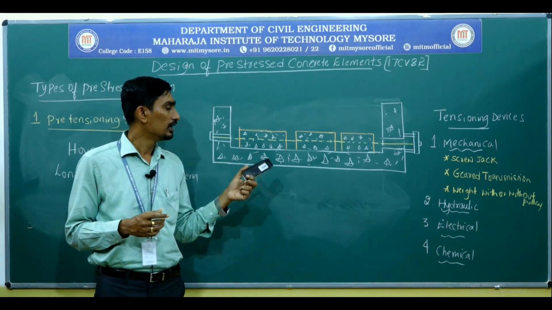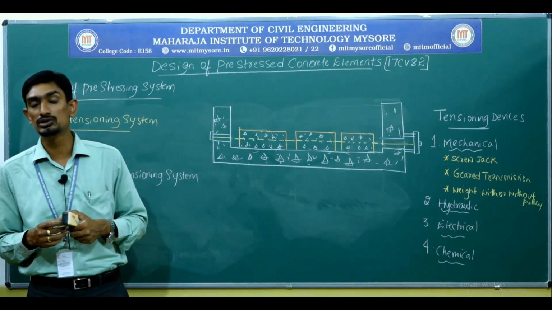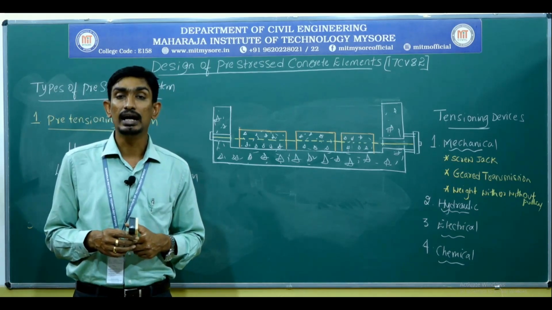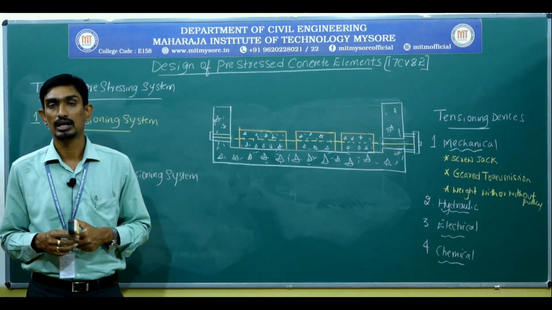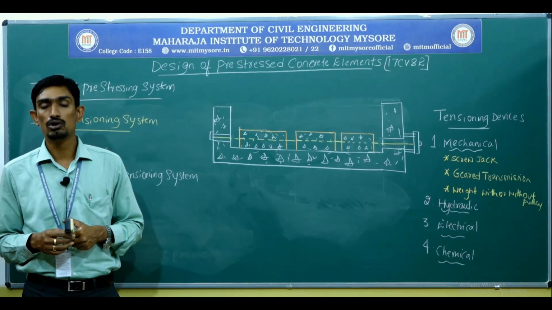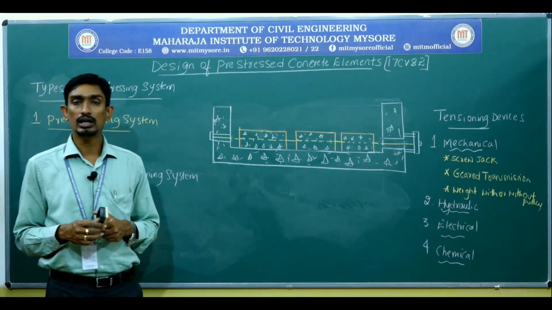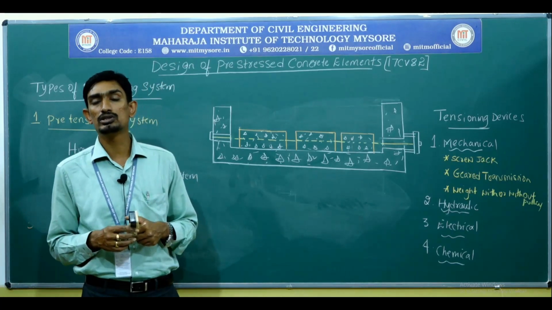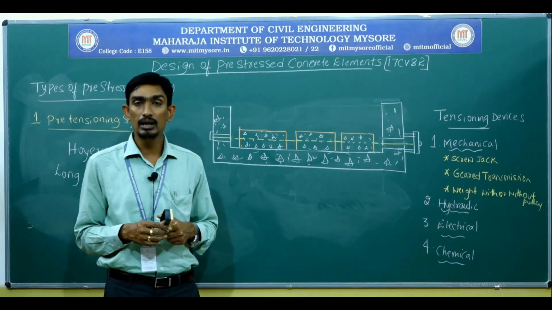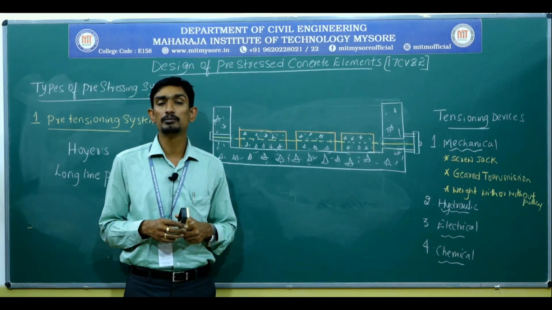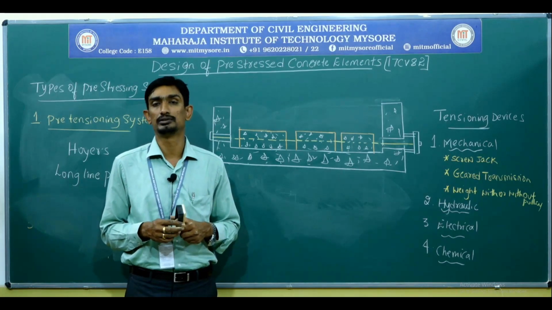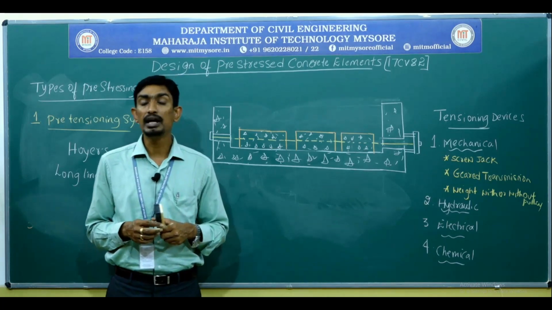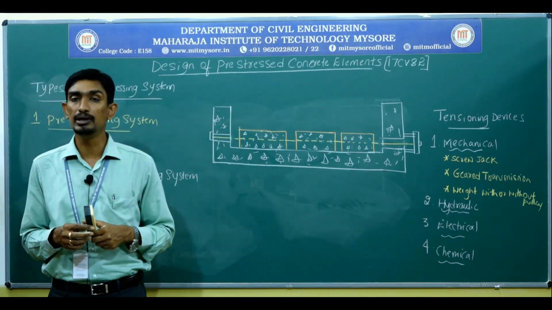Mainly these systems are predominantly used in the development of railway sleepers. Hope you know that all the railway sleepers the Indian Railway is now using are pretensioned prestressed concrete beams.